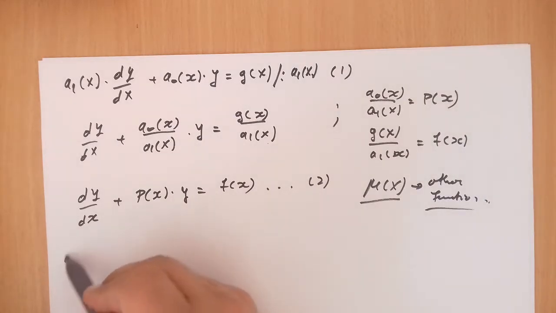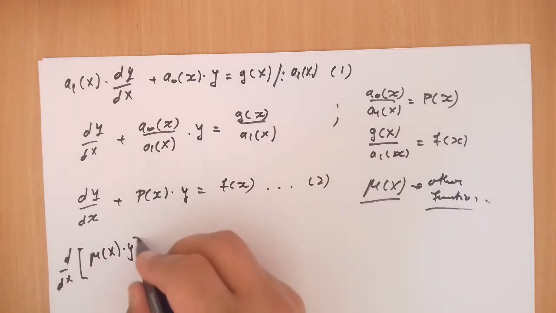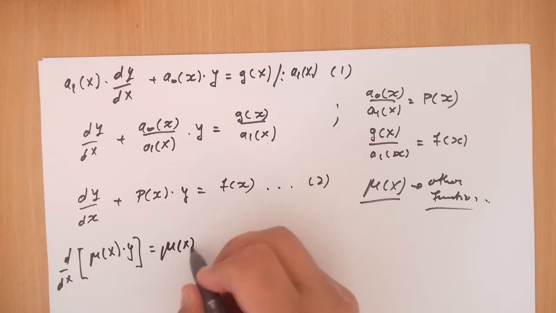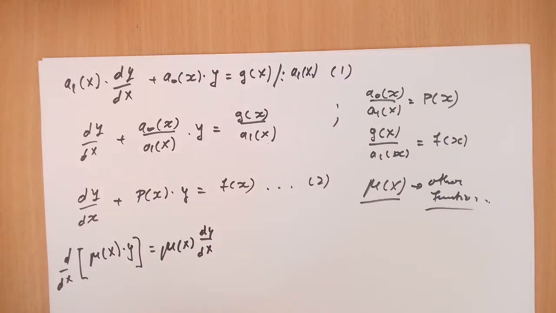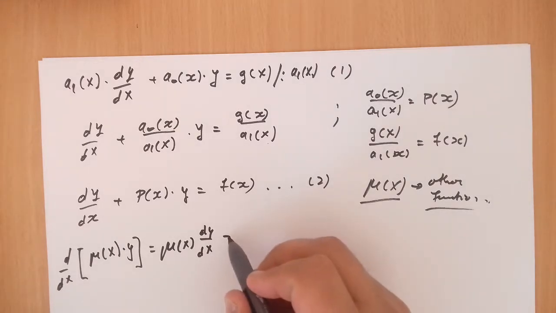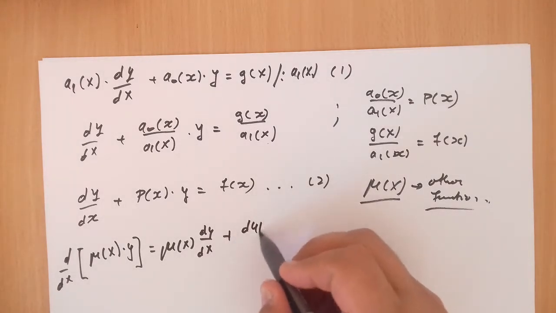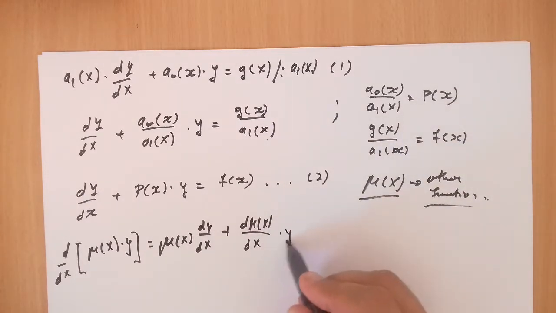So d/dx of mu of x times y is equal to mu of x dy/dx plus d mu of x/dx times y.